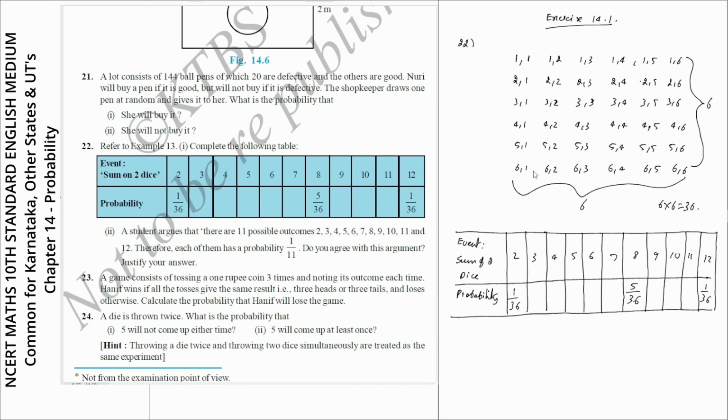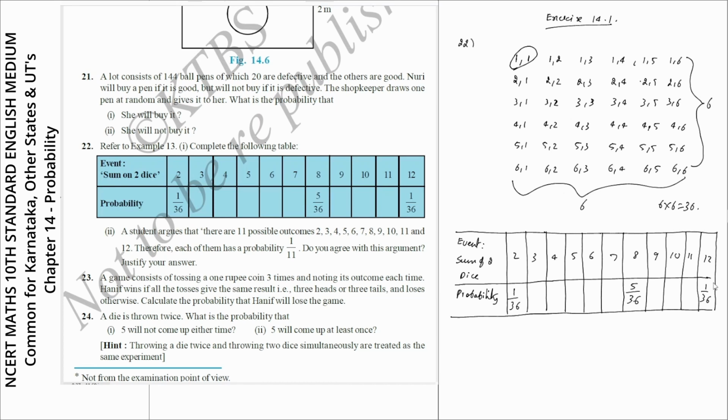Here you can see this is the only outcome where the sum of the faces is 2. So that's why the probability will be equal to 1 by the total number of outcomes, that is 36.